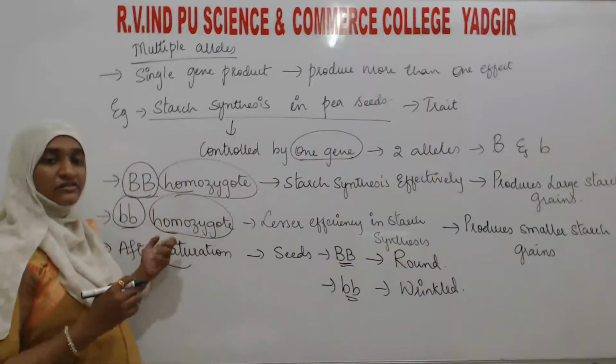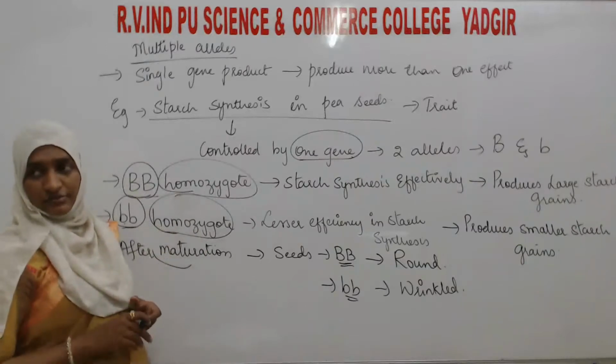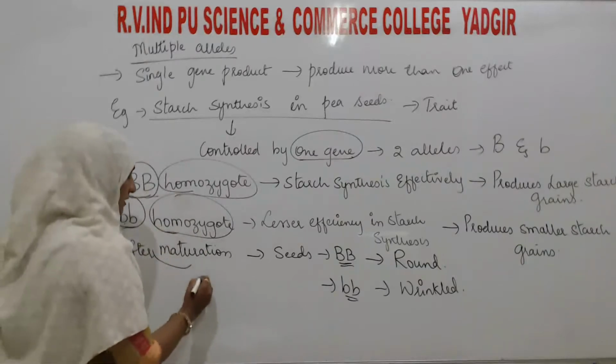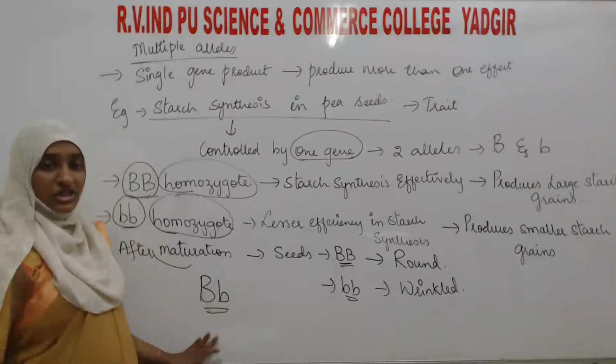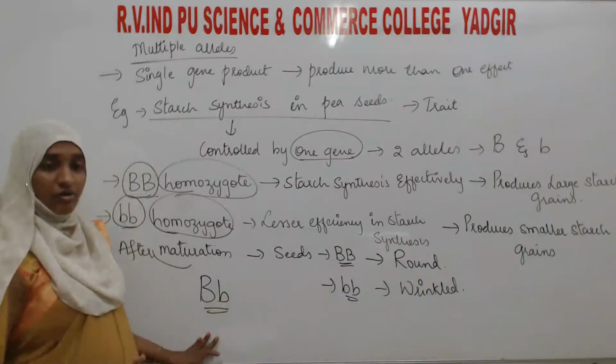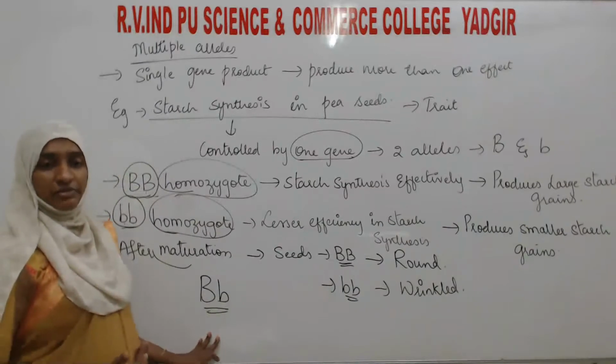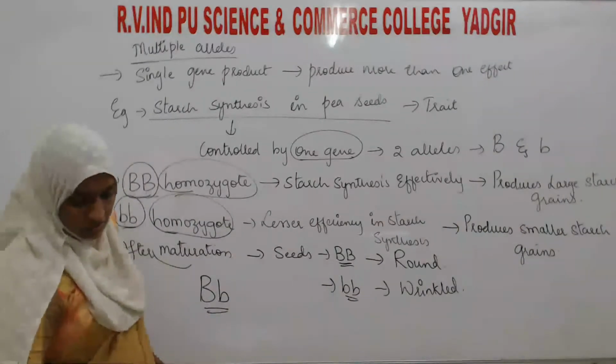One more example we can take: what happens if, in place of the homozygote condition, it is a heterozygote condition? Heterozygote condition means capital B small b, in this way. Which type of cells are going to produce, and how much starch efficiency will there be? That we will see here.